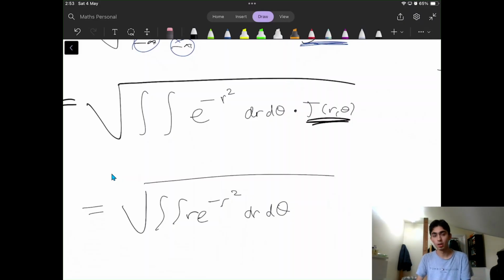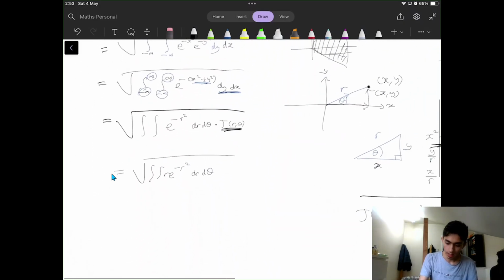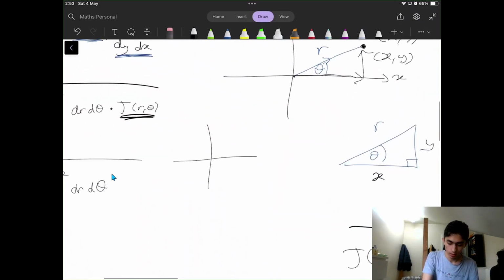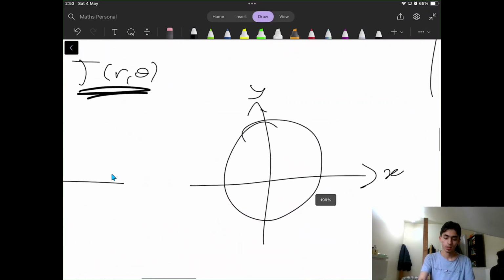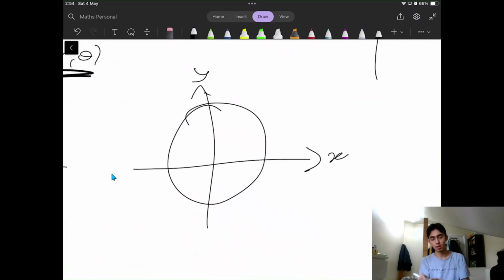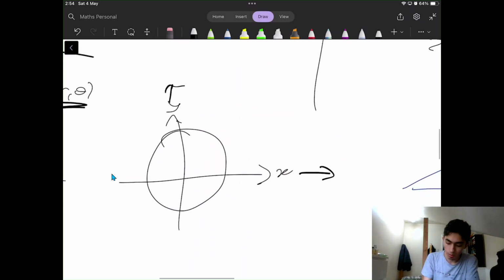Now we can worry about the integration limits, right? So I'm going to draw a Cartesian plane again with a circle in general. Essentially, our y and our x values go from negative to positive infinity, right? And if you think about the circle, as x and y go to positive infinity, we get that r also goes to positive infinity.